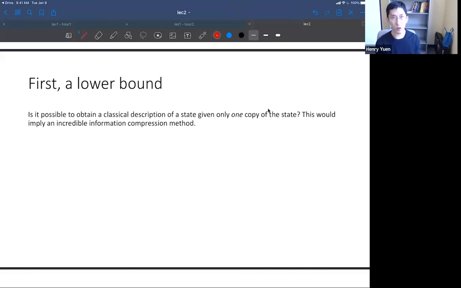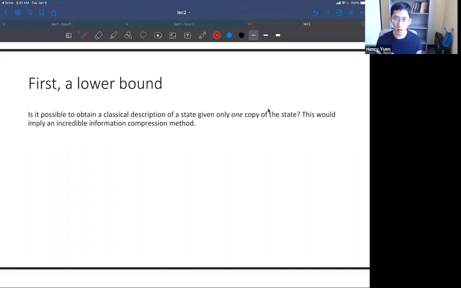And that's very good intuition, but you might still wonder, well, maybe there's a more clever thing I could do. Maybe I could apply some unitary transformation and then measure it a little bit and then measure it again. You somehow have to rule out that.